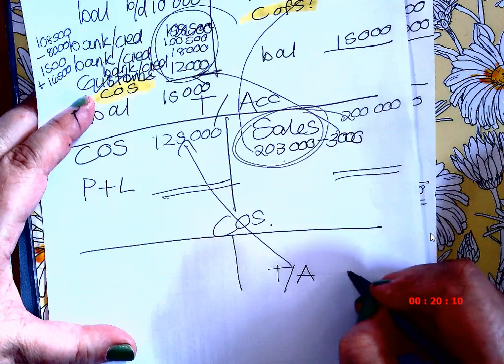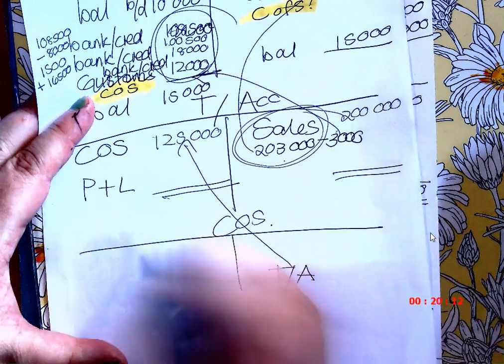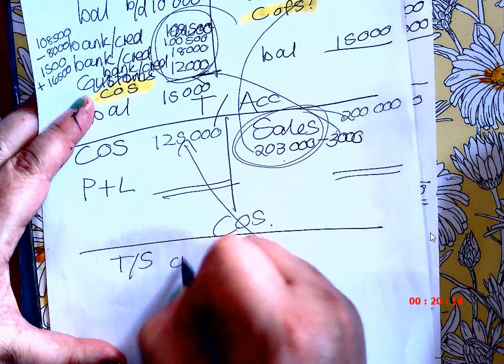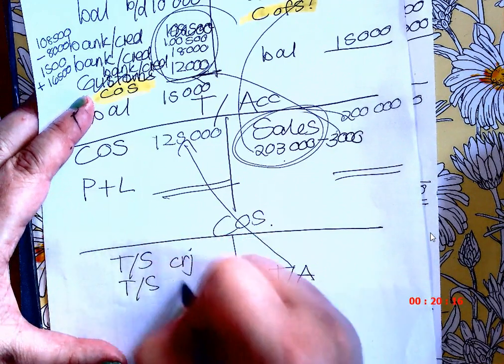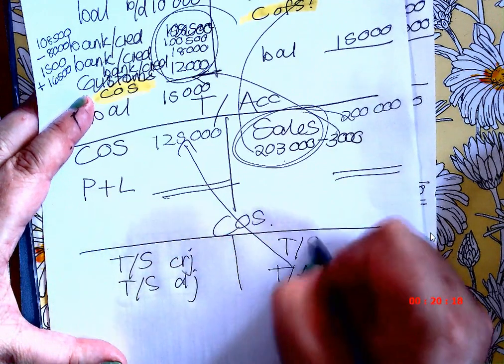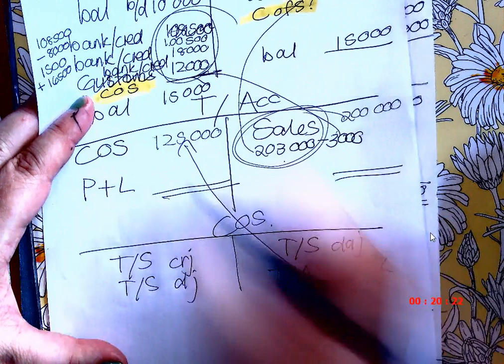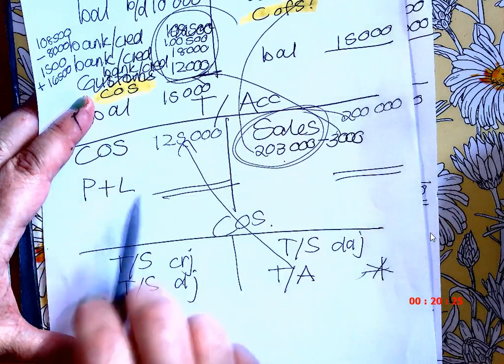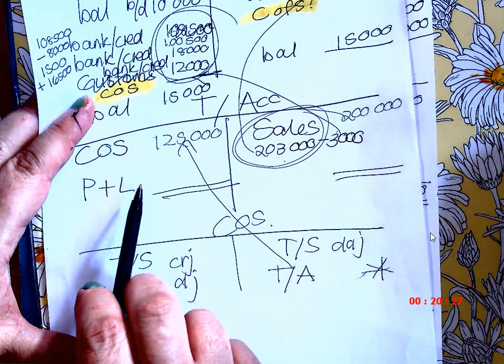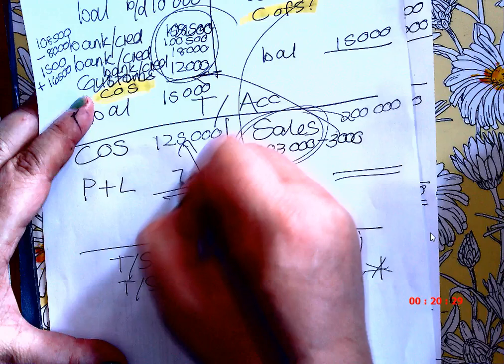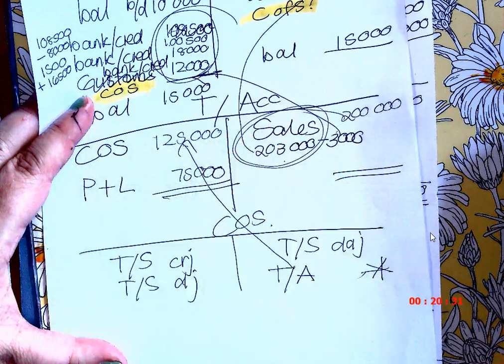You see the difference? This side I would have trading stock CRJ, trading stock DJ, trading stock DAJ. I will calculate the trading account, close it off there, cost of sales to trading account, and my profit and loss would still be exactly the same.